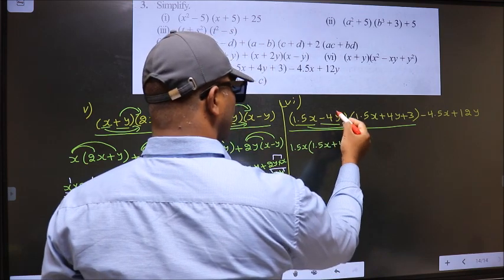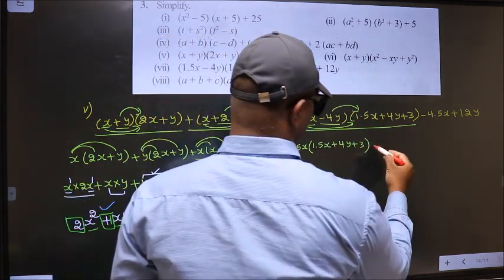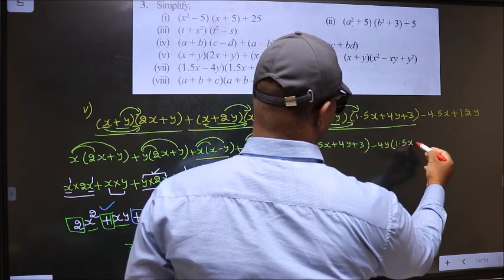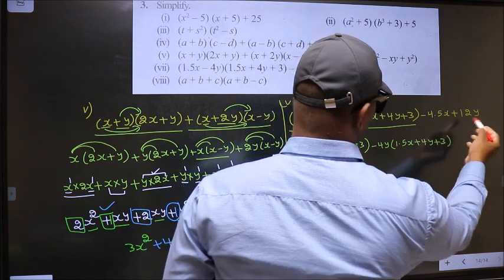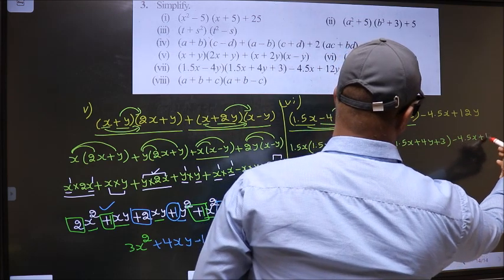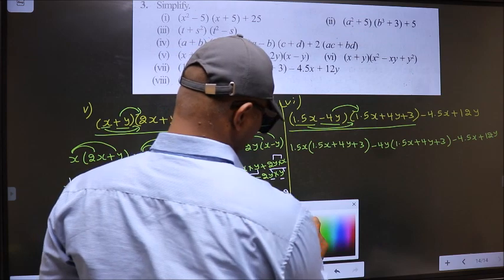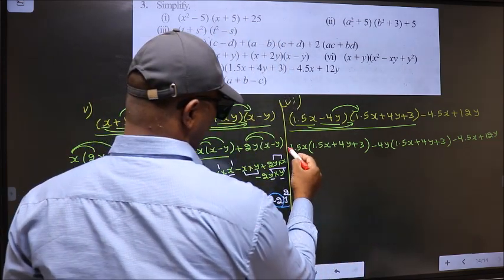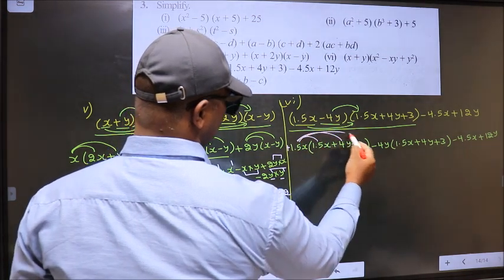Now with minus 4y we should multiply this bracket, that is minus 4y into 1.5x plus 4y plus 3. This no change, plus 12y. Okay. Next. Now with plus 1.5x you open up the brackets.